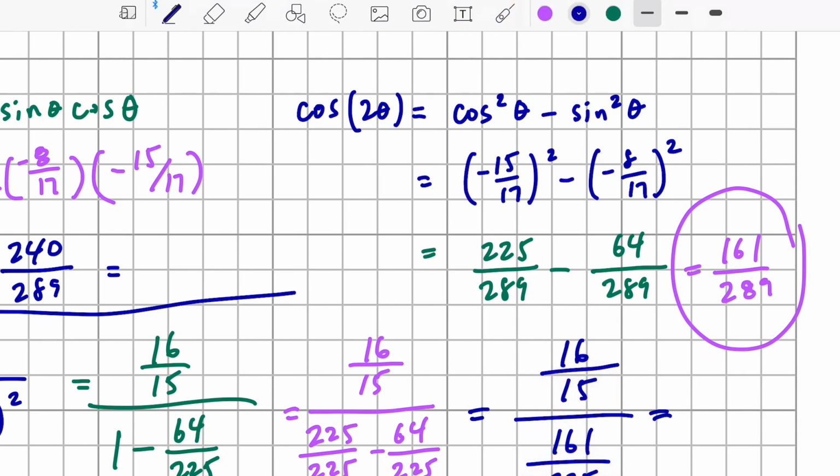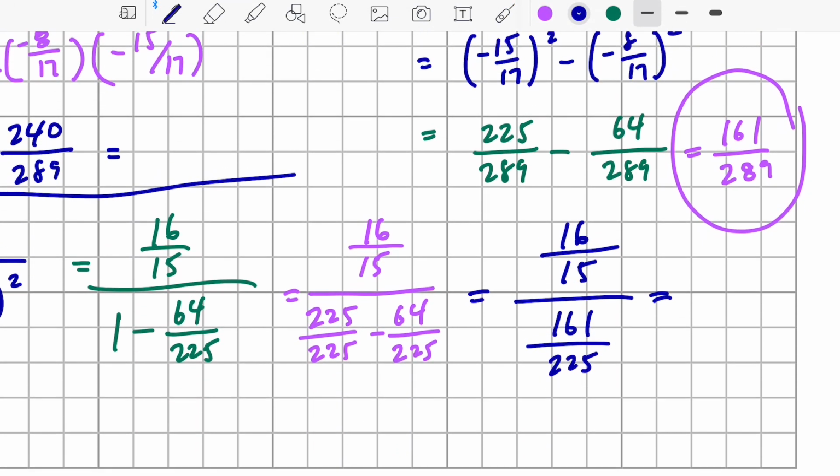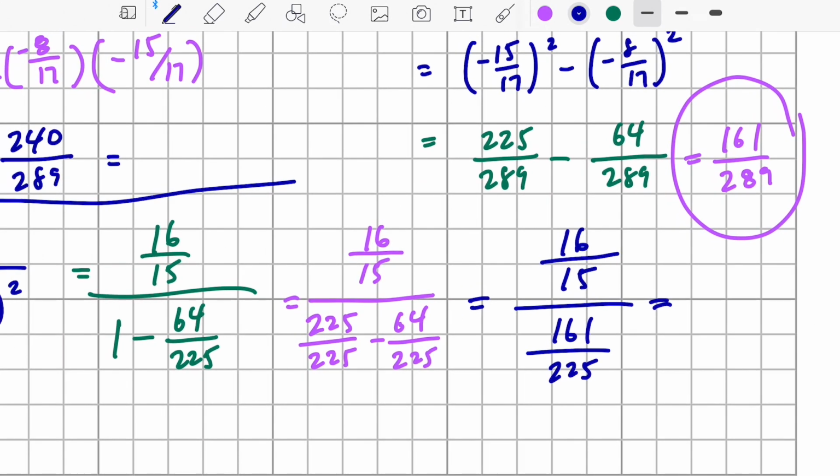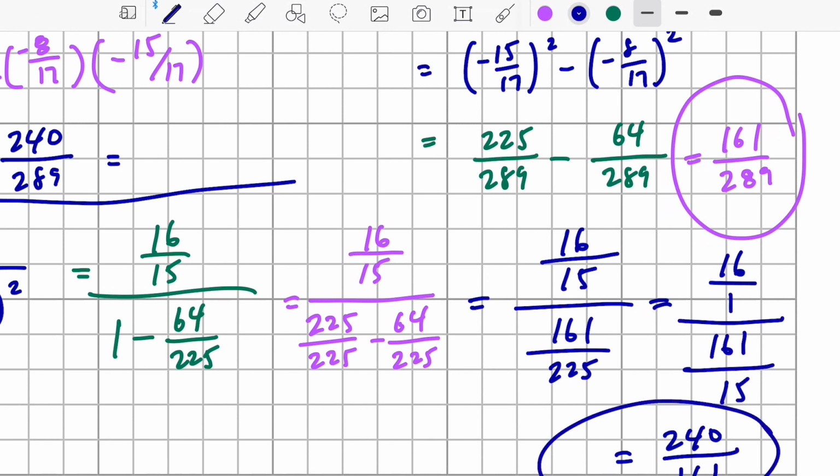So if I divide it by 15 before I multiply, it's going to give me 16 over 1 divided by 161 over 15. Now I'm going to multiply like this. Those two, and then these two. So final answer should be 16 times 15. That's 240 over 161. Final answer.